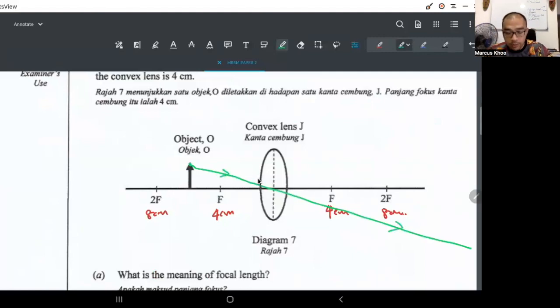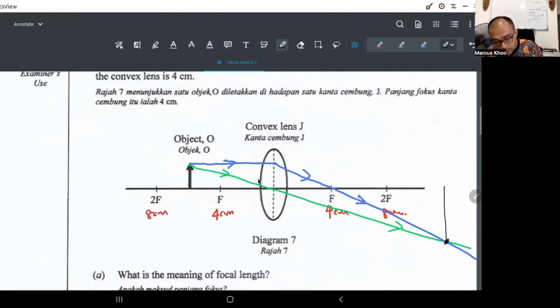The second one will be from the object parallel, and after that cuts the F, the focal point. And the place where the two of them meet is where the image is formed.